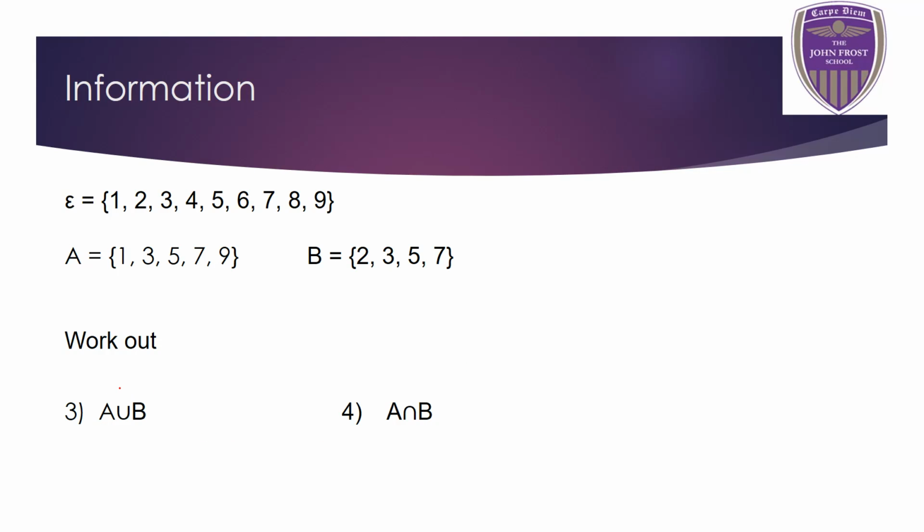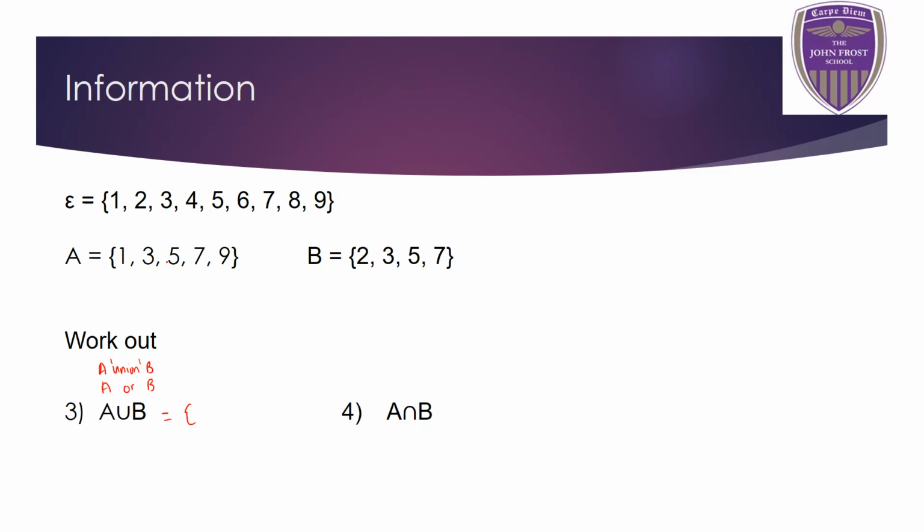Okay. Another typical piece of set notation is this here, and we say it's A union B. The U is for union. It means anything that's in A or that's in B. So what is in A or in B?